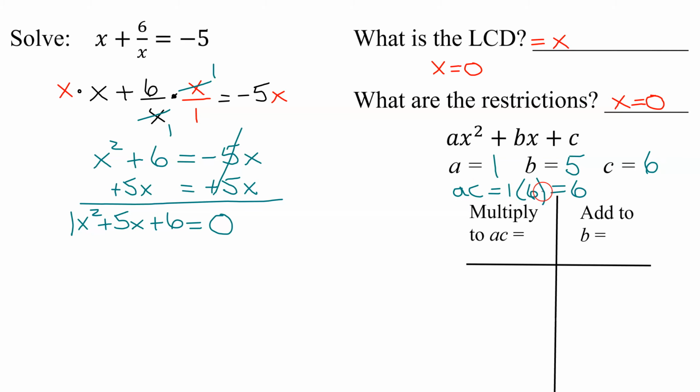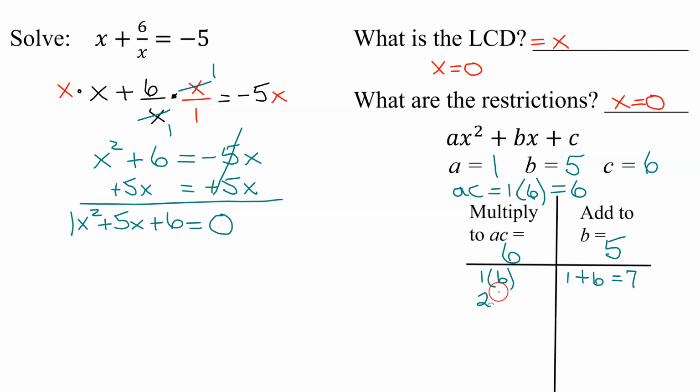So I'm looking for two numbers that multiply to AC, or 6, and add to B, which is 5. Since they multiply to a positive, the signs are the same. Since they add to a positive, that same sign has to be positive. So I start with 1 and 6. Those multiply to positive 6, but 1 plus 6 equals 7, not the number I'm looking for.